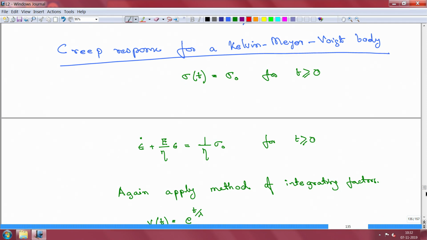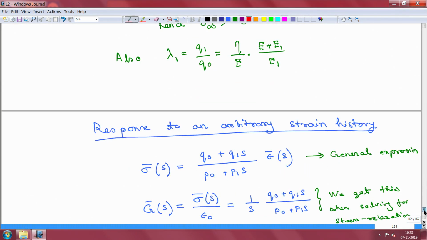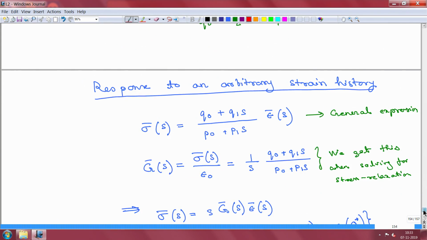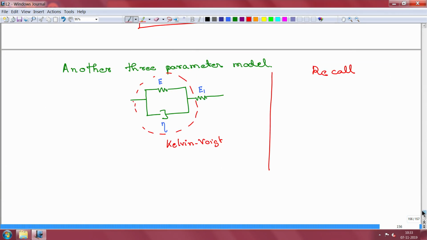Now, just like the previous case where we had introduced the operator D, I can write that for the part of the Kelvin Voigt Mayer, this expression holds true.